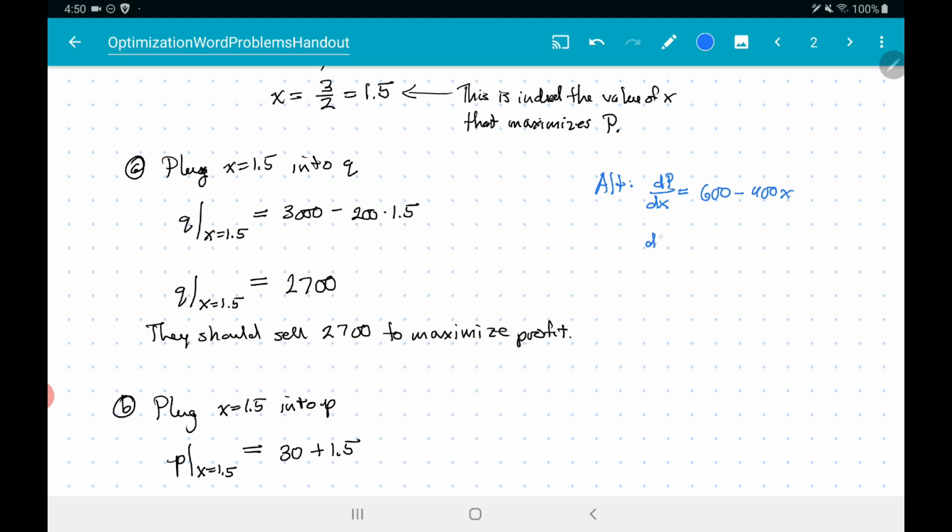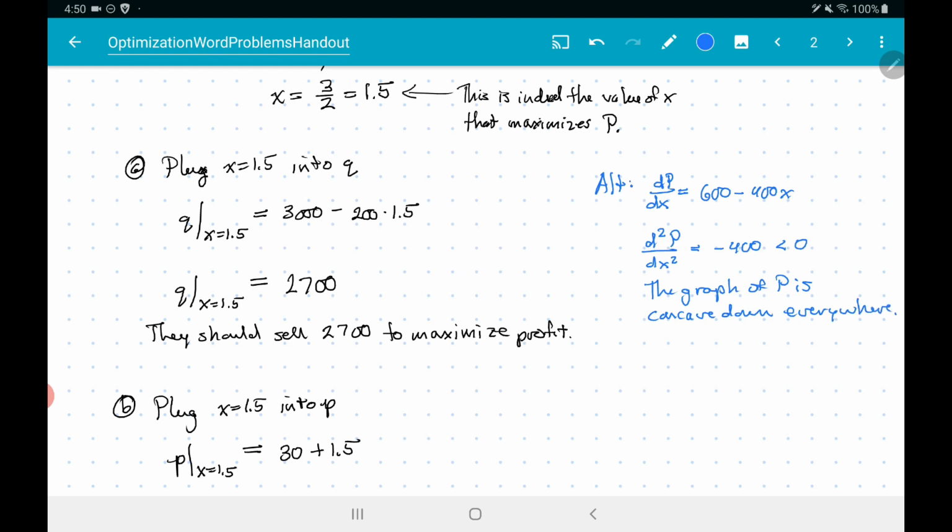If I take the derivative again, I'll get d squared P over dx squared, which is negative 400. That's less than 0. That means that the graph of P is concave down everywhere.